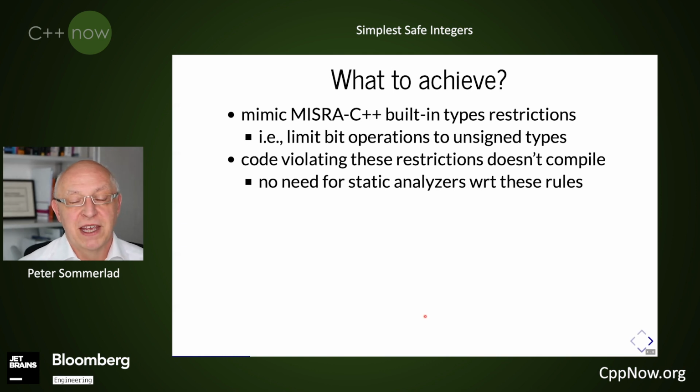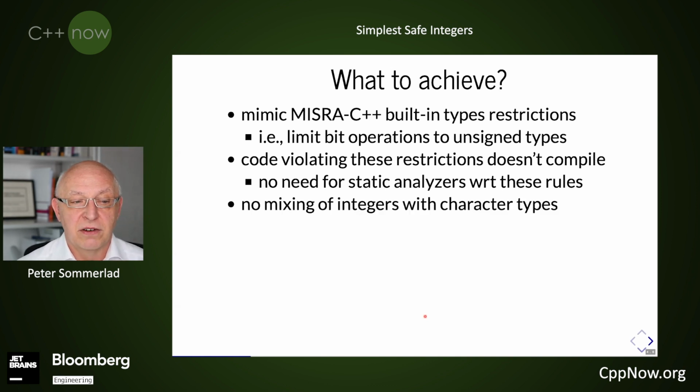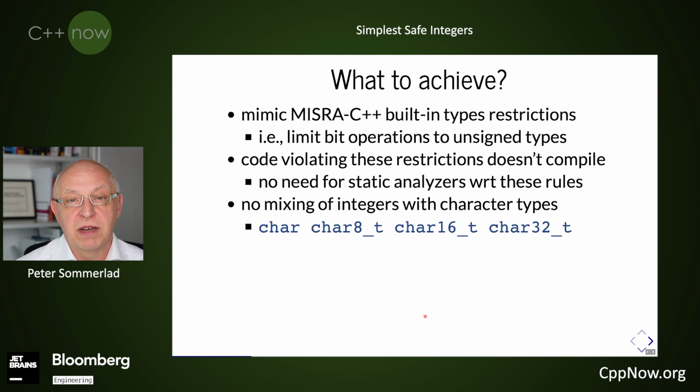So even though you are obliged to use a static analyzer, it's better to be able to write code and get the immediate feedback, so you never get into the situation that you get some positives from the static analyzer, at least with respect to that domain. One thing that's also banned, I already said so, is that you shouldn't mix character types with integers in arithmetic.